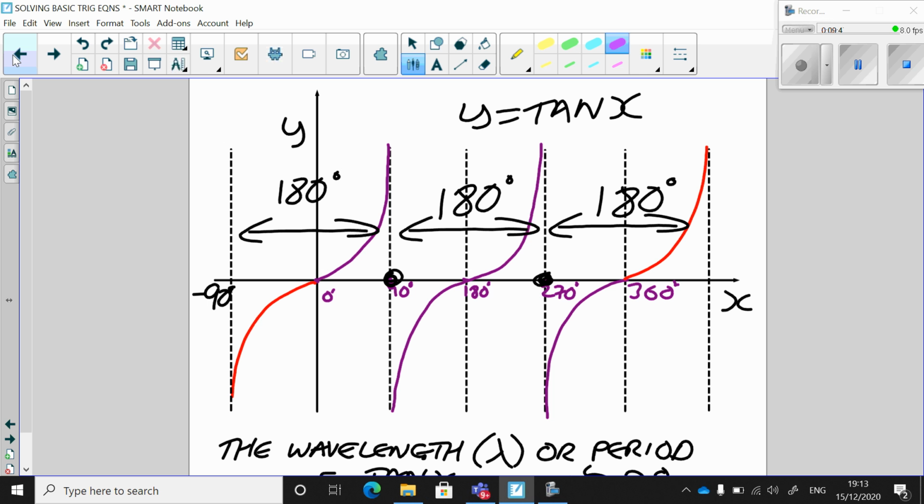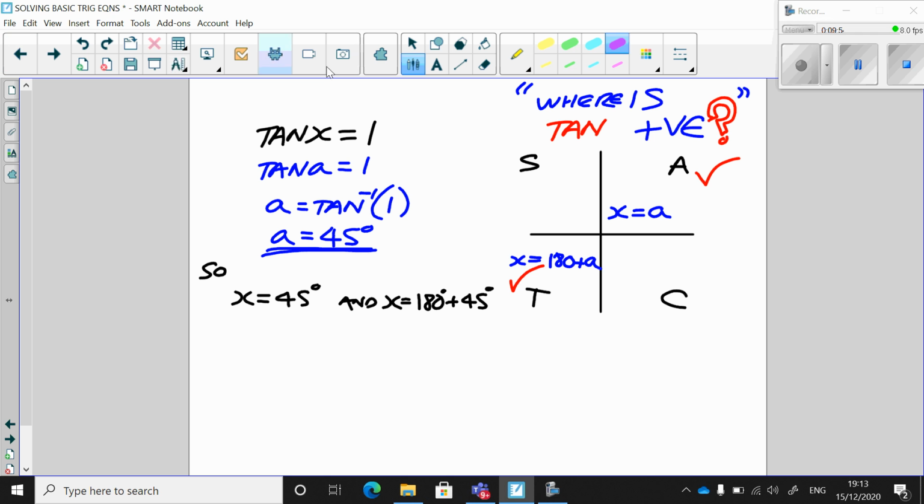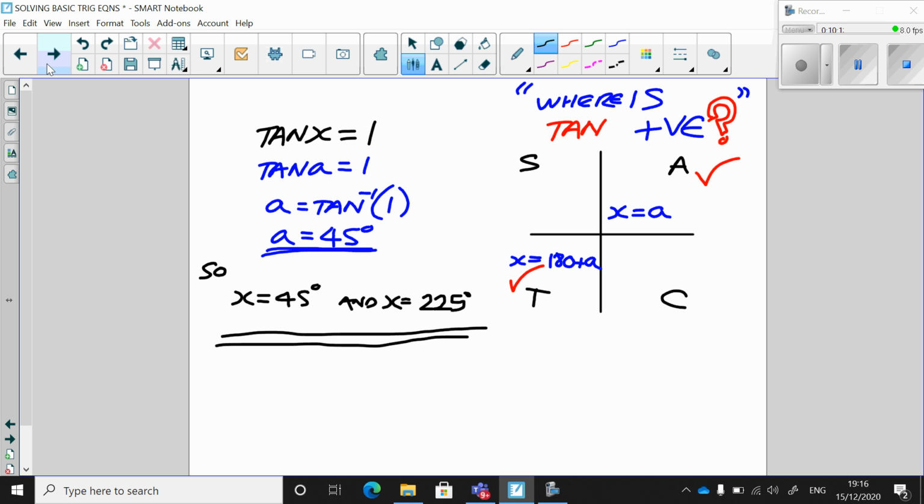That's my two answers. Right. So hopefully that's the two answers there. 45 and 180 plus 45, which is indeed 225. That's my two answers, okay?